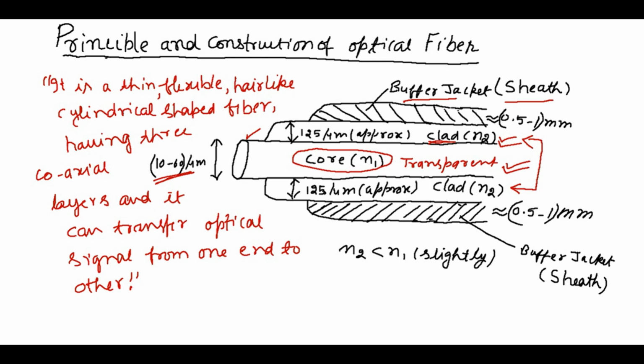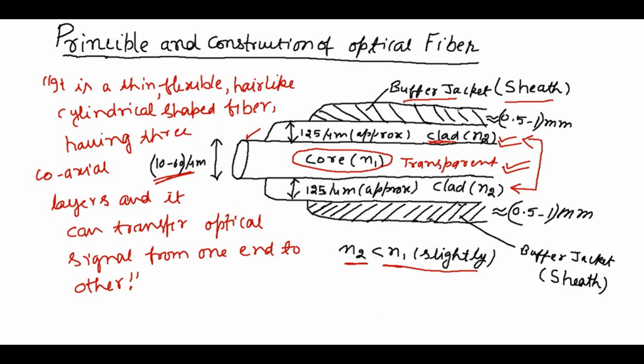Kindly remember, although both are transparent, the refractive index of clad, which is n2, is slightly lesser than that of n1. Why is it slightly lesser? Why do we not take the difference between the refractive index of n1 and n2 to be large?